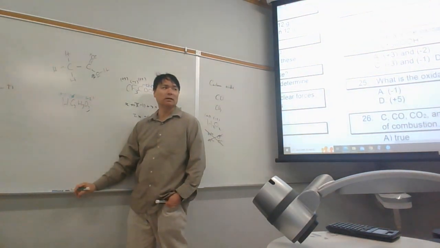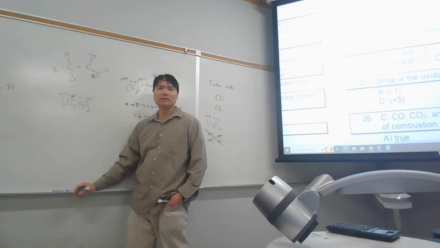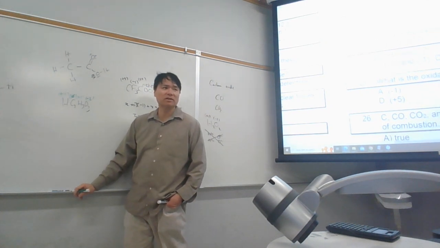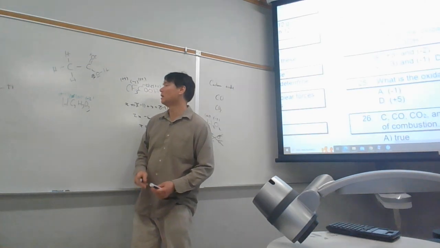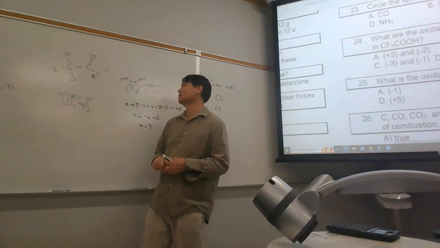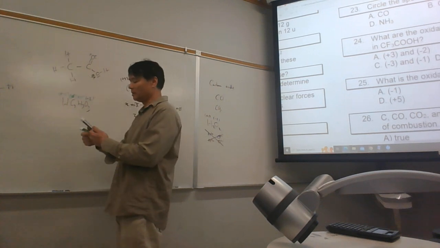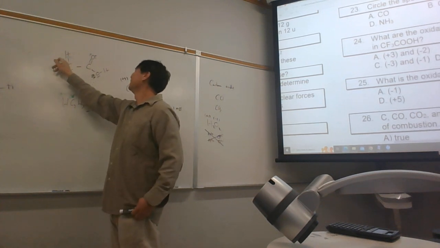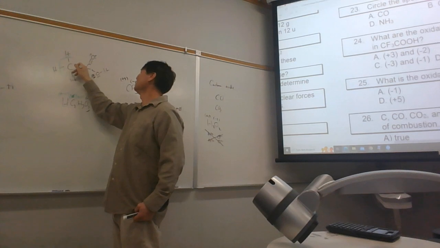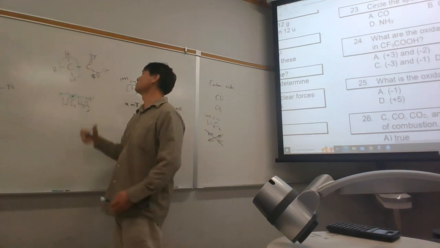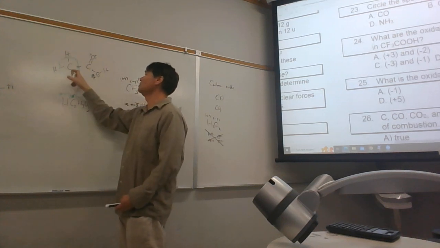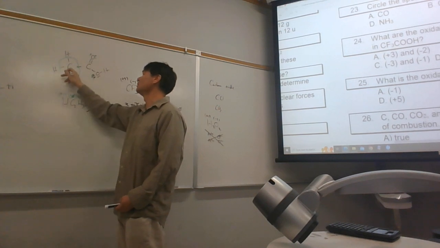That would be wrong, because when we do it individually, we don't want the average. We want the actual. In this case, carbon versus hydrogen, who wins? Carbon. And then carbon versus carbon is a tie, so one of the electrons will go to this carbon. That leaves us with 2, 4, 6, 7 electrons.